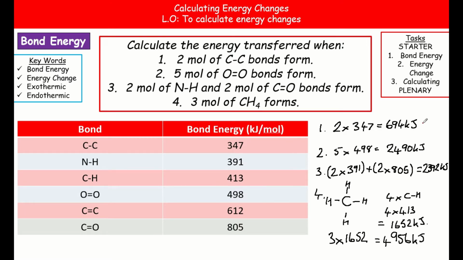So obviously 1 mark for each of the first ones you get. Then you can have 1 mark for getting the number of bonds times by the bond energy for the first bit, so the 1,652, and another mark if you got the final one by timesing that by the number of moles. So you got a total out of 5 for that one.